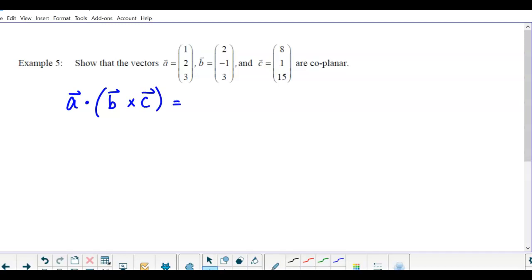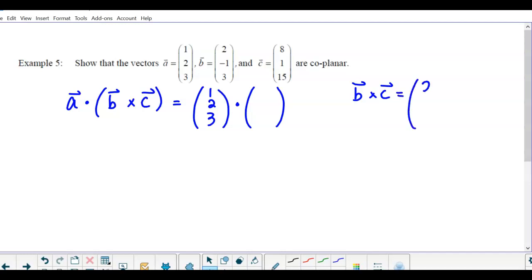We're not going to say that it's equal to 0 yet, we want to show that it's equal to 0. So you want to do your B cross C on the side. You can do it in there as well, but if you want to show lines to help you.